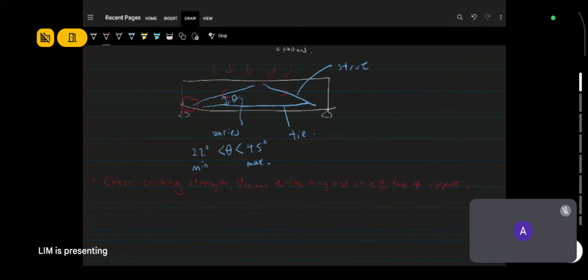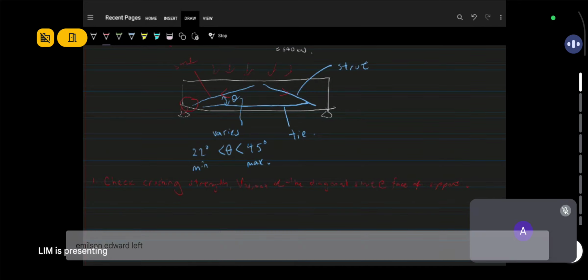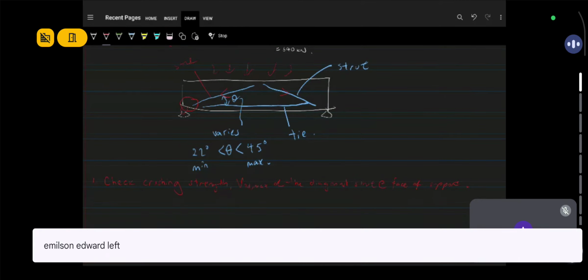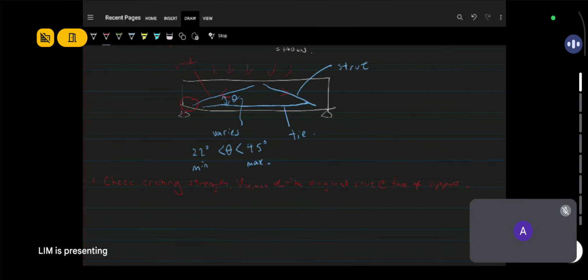Now, to calculate the force in that strut, we need to know the angle. So we have to start somewhere. So let's assume we start with the minimum first.